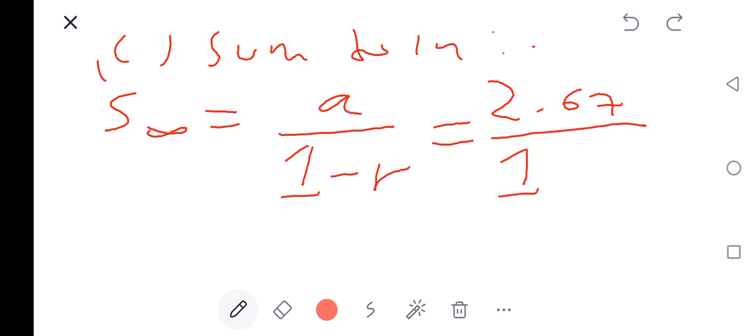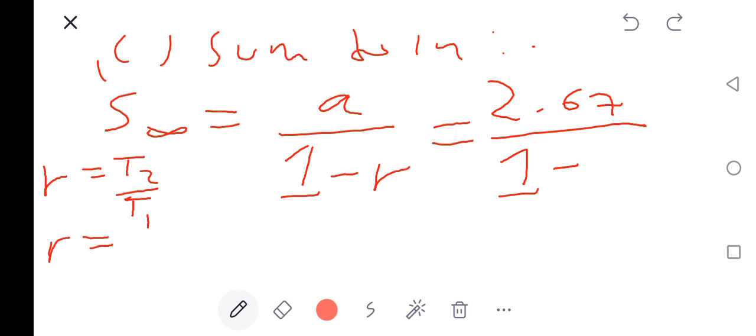This is 1 minus, what's your ratio? Very interesting question. Do you have the common ratio? No, we don't have the common ratio. So we have to find on the side, r is equal to T2 over T1.